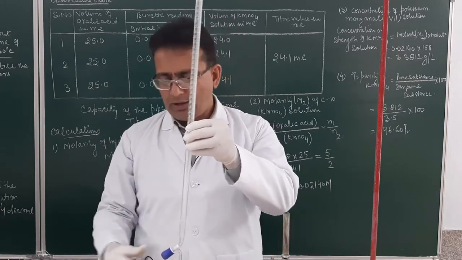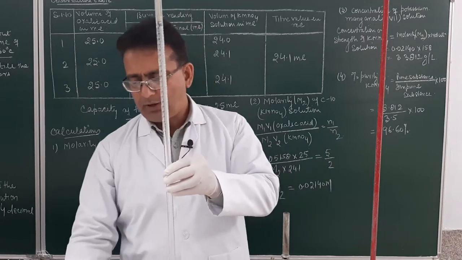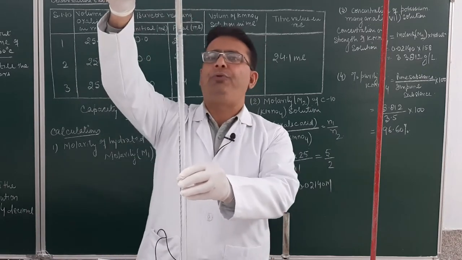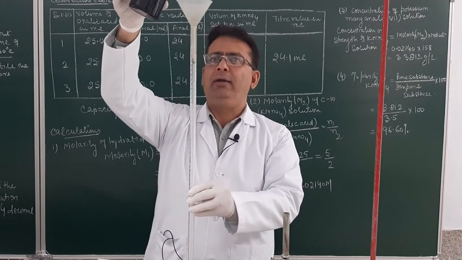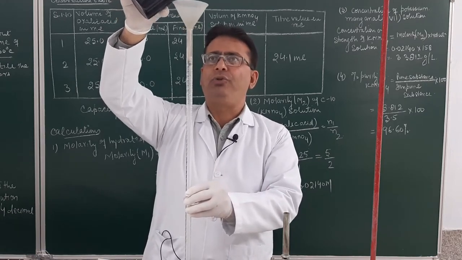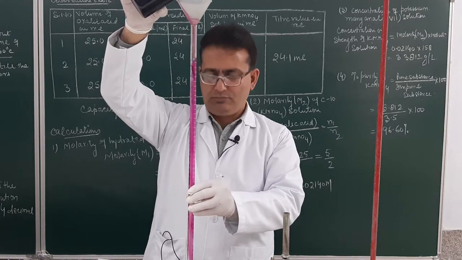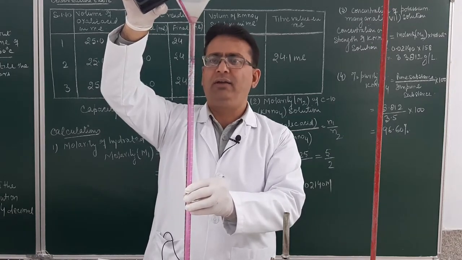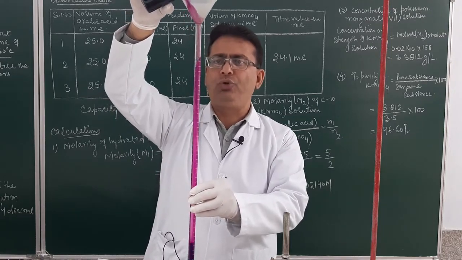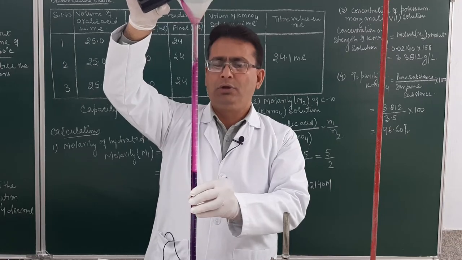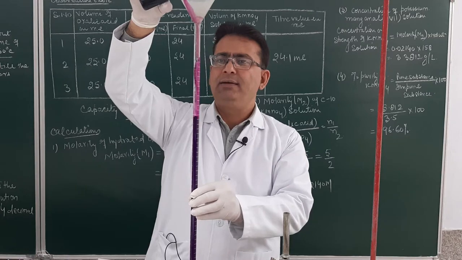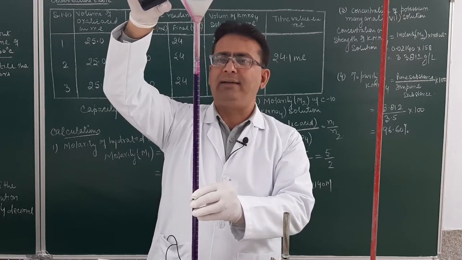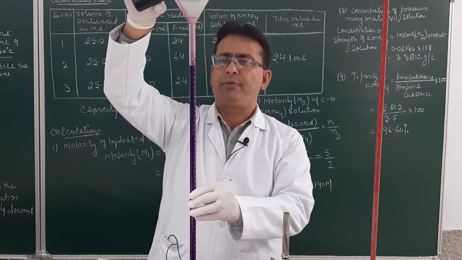This is a burette marked from 0 to 50. Into this, I add KMnO4 solution. You may see, students, over here, and fill it to the 0 mark, which you can easily see as it has been etched on the burette.